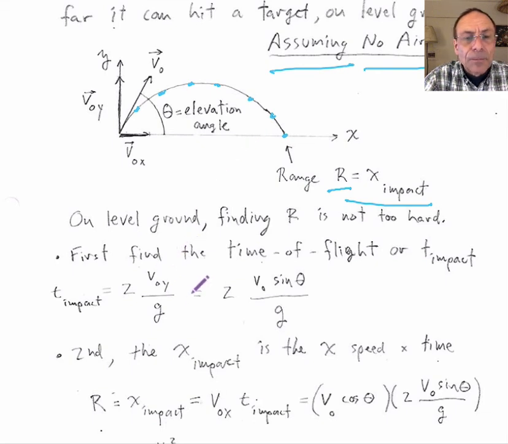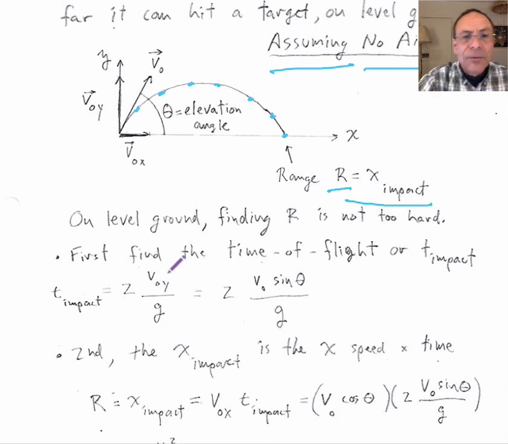So the time that it's in flight is twice the y component of the initial velocity, 2 v0y over g. And now I actually am going to talk a little bit later about where this is coming from.